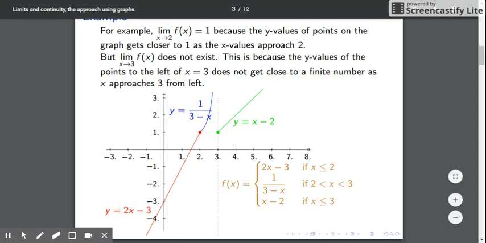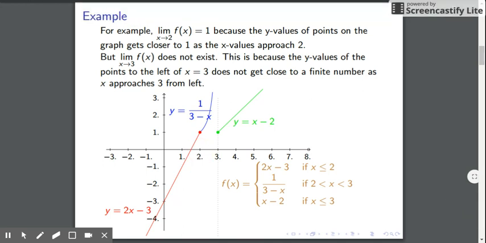So what is the limit of f of x as x approaches 2 here? Two is right here.